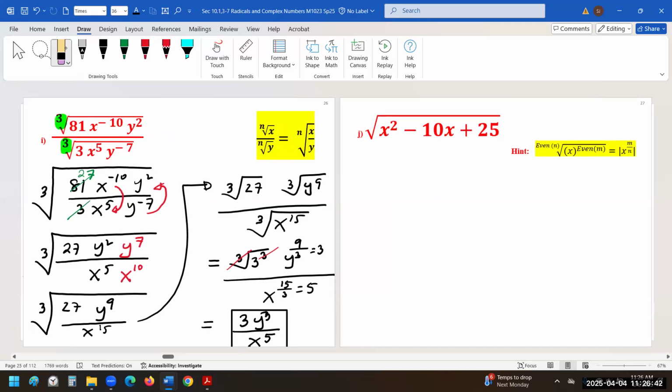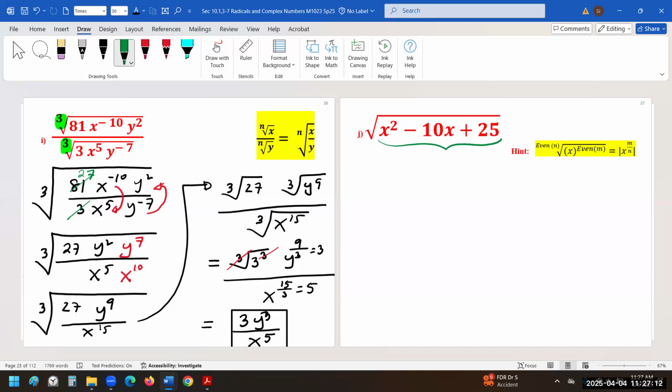And now something different. We are looking for the square root of a polynomial. Now, square root of a number we know how to find, square root of a variable we know how to find, but square root of a polynomial we don't know how to find. So anytime you see any type of polynomial, you should always think whether it is factorable or not.